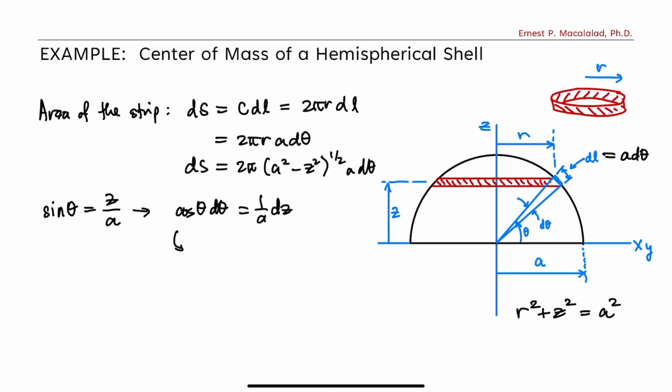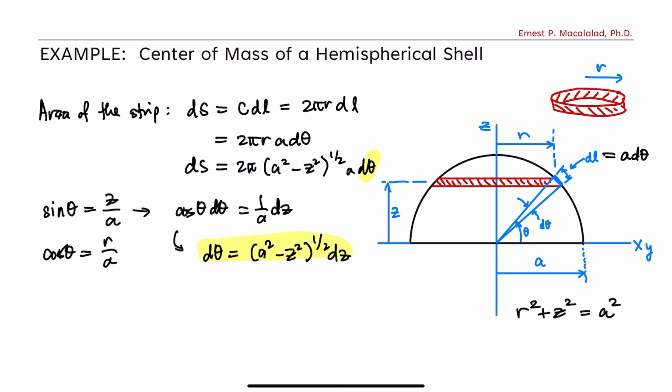If sine theta is z over a, cosine theta is equal to r over a, again from this triangle. Therefore, d theta will be equal to dz over r, or (a squared minus z squared) to the 1/2 dz. We're going to substitute this here to get ds.